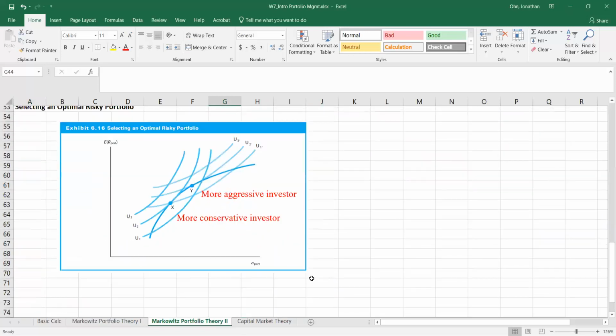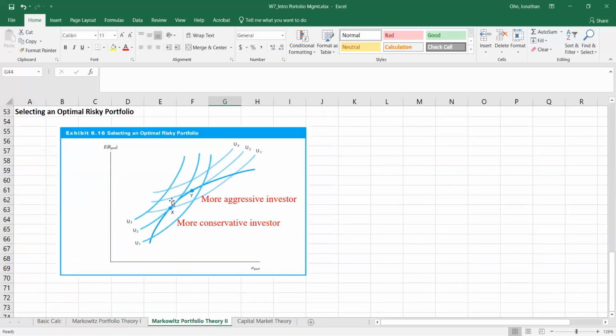Let's put this together. So this one is the Markowitz efficient frontier, right? And then investor X's utility curve should look this way. Investor Y's utility curve should look this way here.